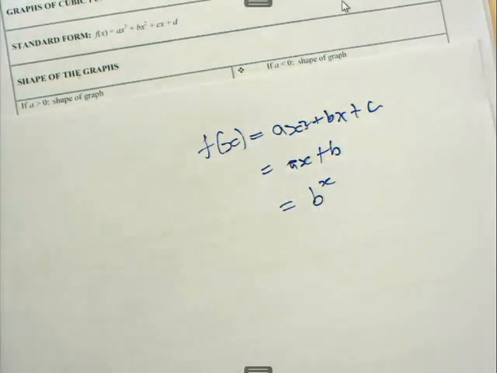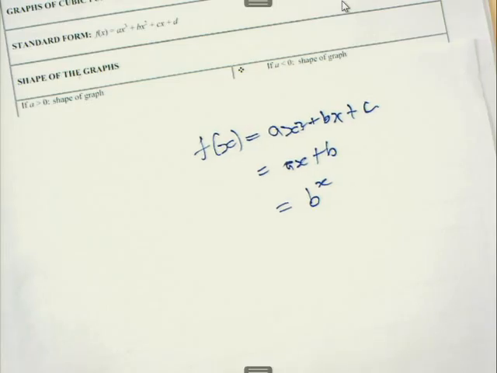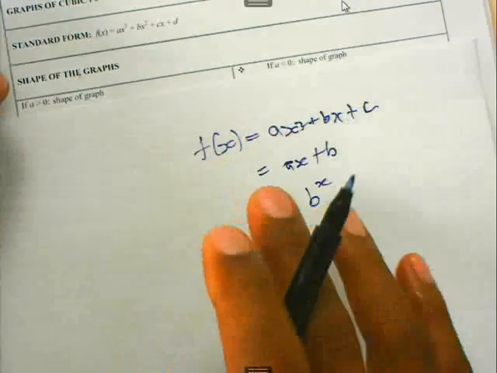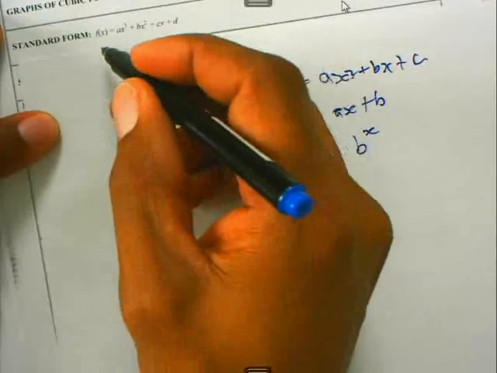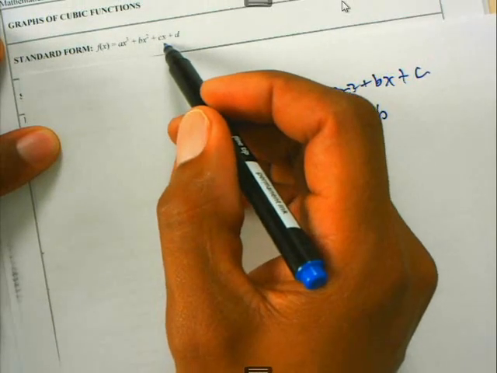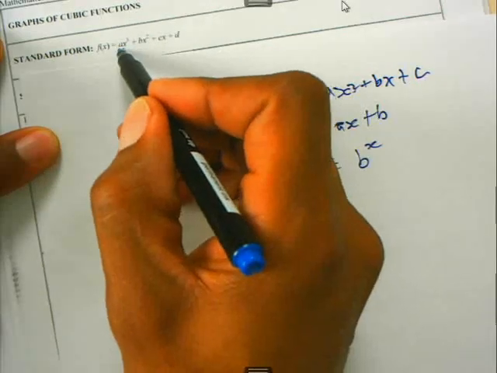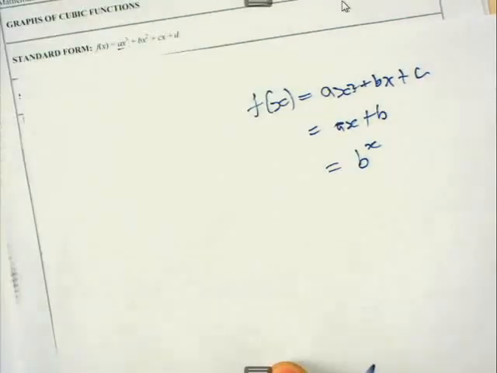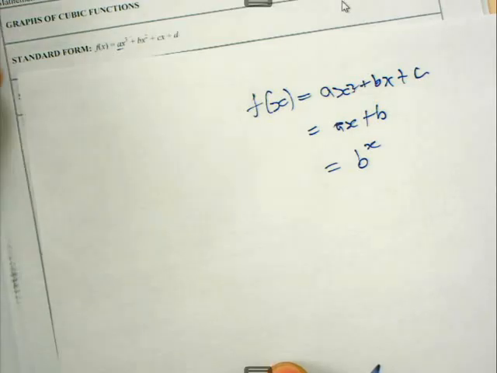How does the shape of the graph look? Of course, the shape will be determined by the value of a. You remember now, here we have f(x) equals ax to the power of 3 plus bx squared plus cx plus d. The value of a here is the one that will tell us what the shape of the graph looks like.